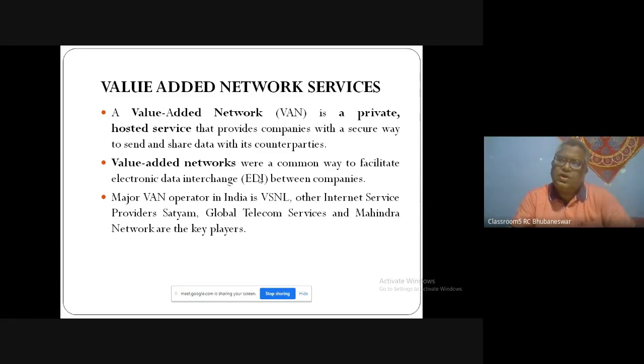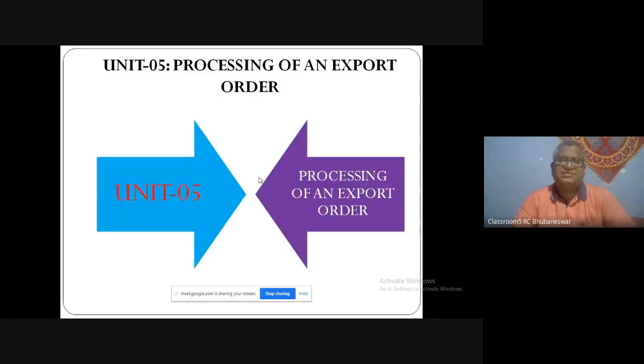Through VAN, meaning value added network, EDI has been facilitated between different companies, different countries, and different parts of the world. There are different types of service providers. If you take the example of VANs, you may say Airtel is there, Jio is there. These are some of the private internet service providers.